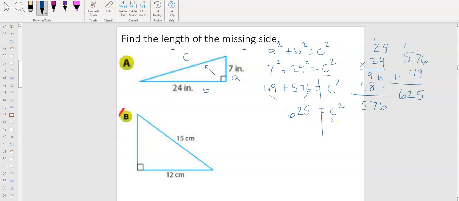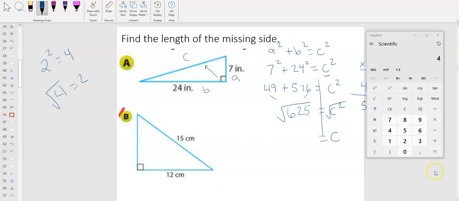So if you remember what we did in our warm-up, the opposite of a square is a square root. So what I want to do is find the square root of both sides of my equation because of my mirror, and that will tell me what c equals. Now I can use my scientific calculator to help me if I do not know what the square root of 625 is.